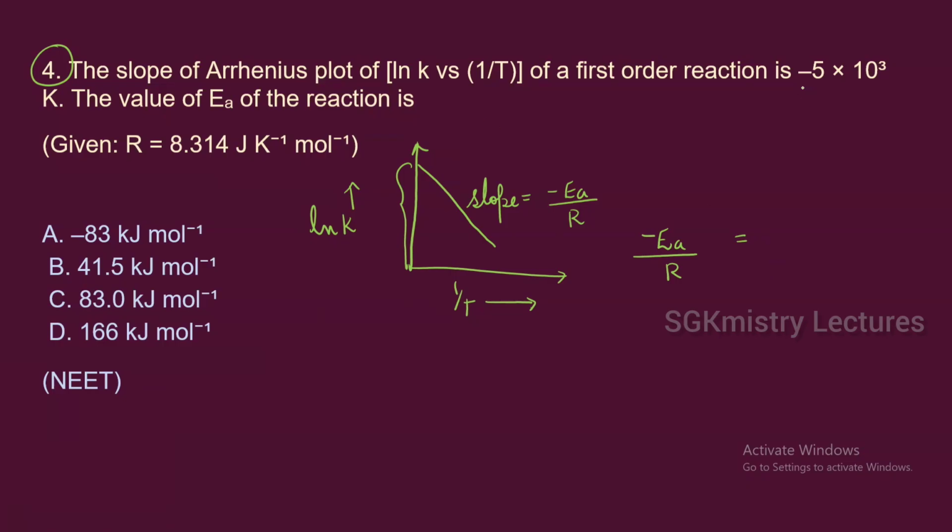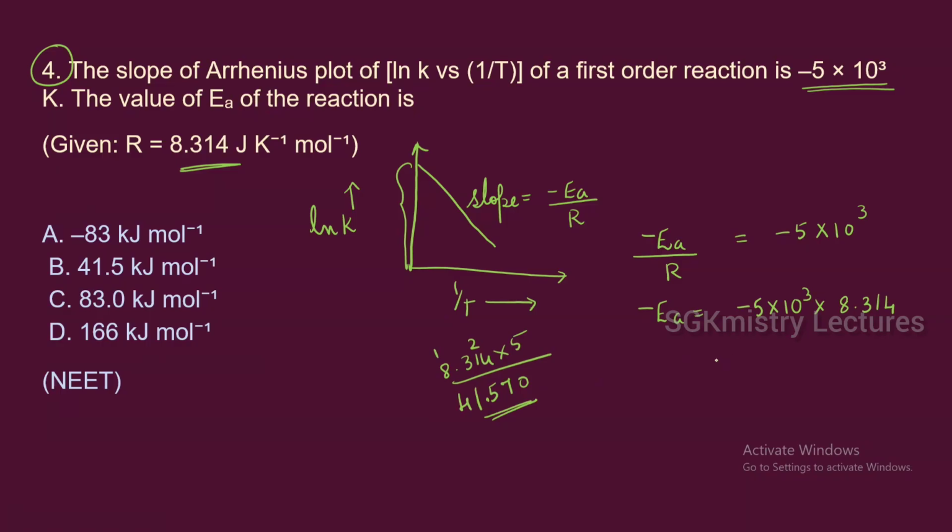Now the slope value is already given in the question. That is equal to -5 into 10 to the power of 3. So minus EA is equal to -5 into 10 to the power of 3 into R value, which has been given, that is 8.314. So we have 8.314 into 5. 5 ones are 5, 6, 7, 15, 40, 41.5.